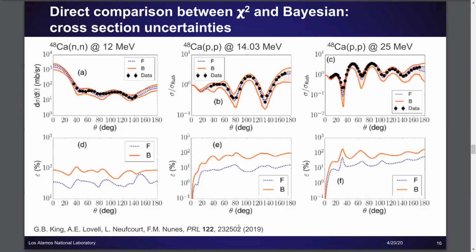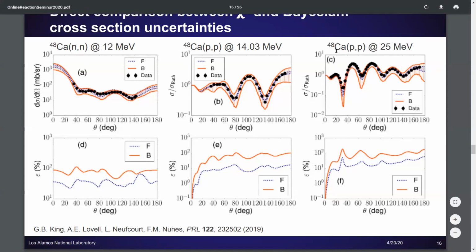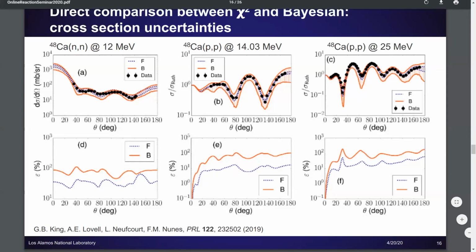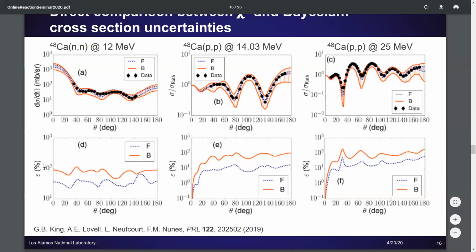And so, again, we use the example of calcium-48 (d,p) with the adiabatic wave approximation, and ran the calculations both for the chi-square, which is this blue frequentist calculation, compared to the Bayesian. Here I'm showing the elastic scattering for the neutron, proton, and outgoing proton scattering to constrain those potentials, and then these percent confidence intervals.